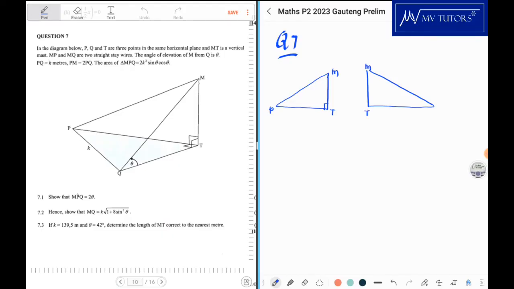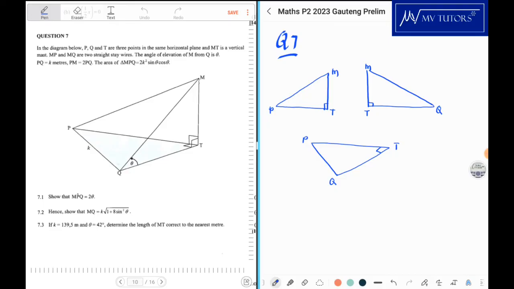So I have MTQ. Okay, there we have another triangle, and then I'm going to focus on the triangle at the base. Okay, that is horizontal basically, and that would be PQT. And I see that PT is perpendicular to QT. All right, so let's go fill in again what they said.